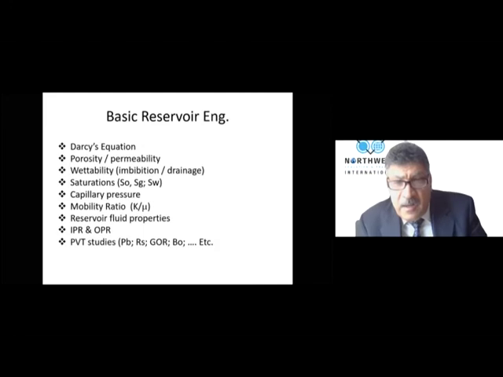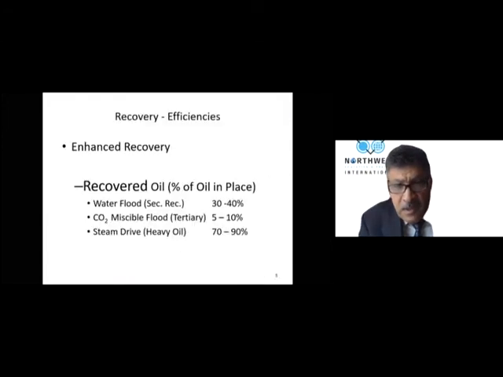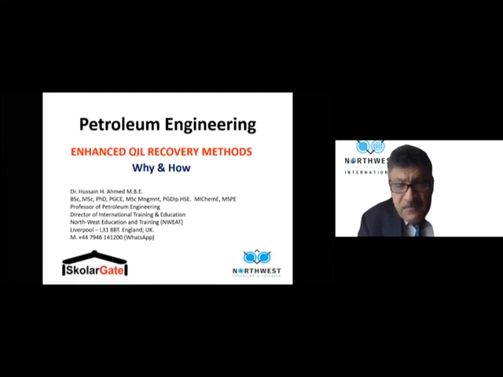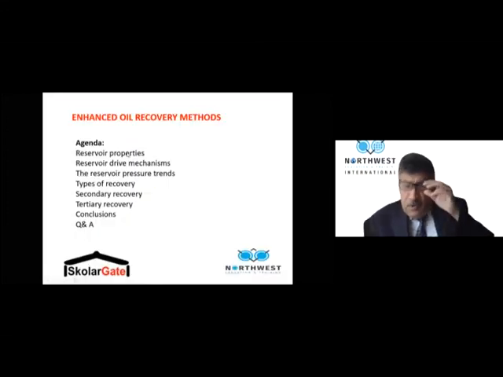So these are good dimensions. If you remember my first slide, I said you need to be aware of the reservoir properties. It's important to know your rocks. In reservoir properties, what do you need? I need to know the thickness of the rocks. I need to know the type of the rock, sandstone or limestone. Is it fractured or not fractured? I need to know permeability, porosity, saturation.